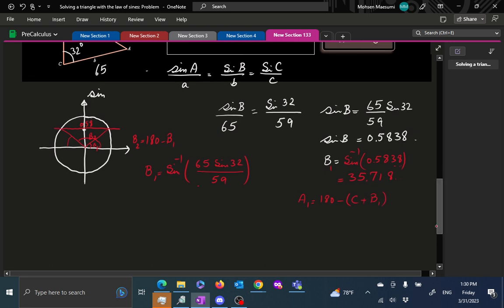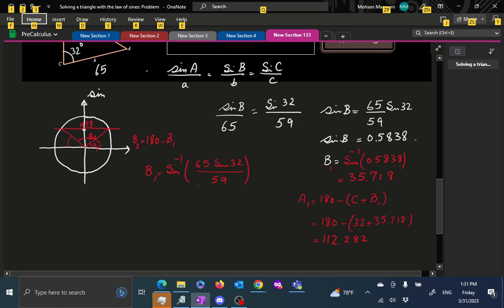So you are going to have 180 minus 32 minus 35.718. We go ahead and find out what A1 is. You enter it on the calculator, or do it by hand, and you find A1 is 112 point, almost 2.82, etc.